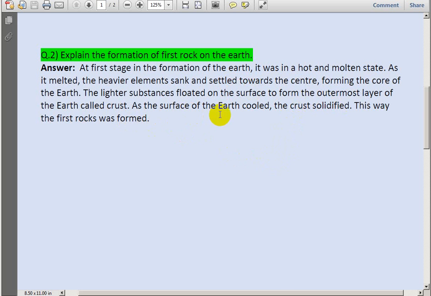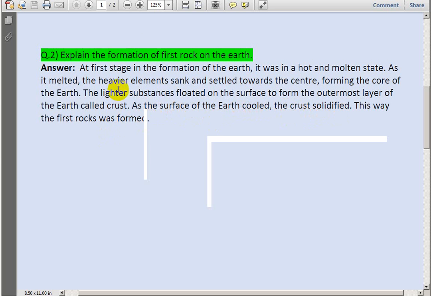The lighter substances floated on the surface to form the outermost layer, the Earth's crust. As the crust cooled and solidified, this way rock was formed.